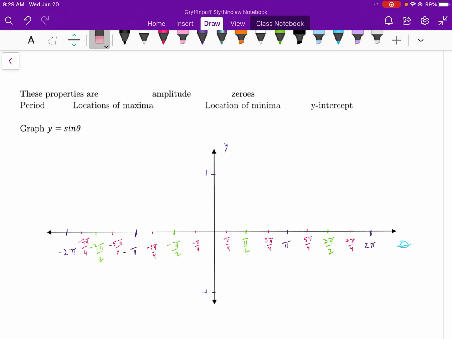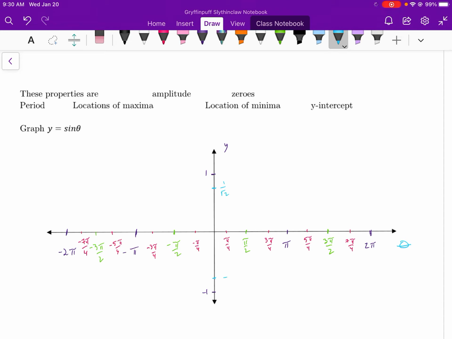I'm going to set up my graph. Along the horizontal axis, I'm going to graph from negative 2 pi to 2 pi, counting up in pi over 4 intervals. The reason I do that is so that my intervals are evenly spaced.